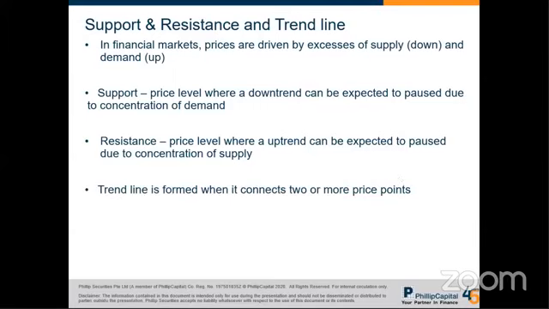Another thing is the trend line. A trend line is formed by connecting two or more price points. So this support and resistance trend line is also a support or resistance level. When the price starts to go up, it usually does not go straight up in a line. Usually it forms a trend inside a channel before it continues upward.